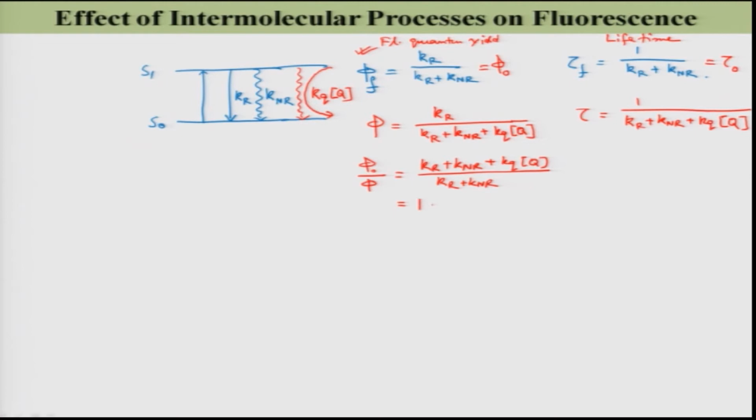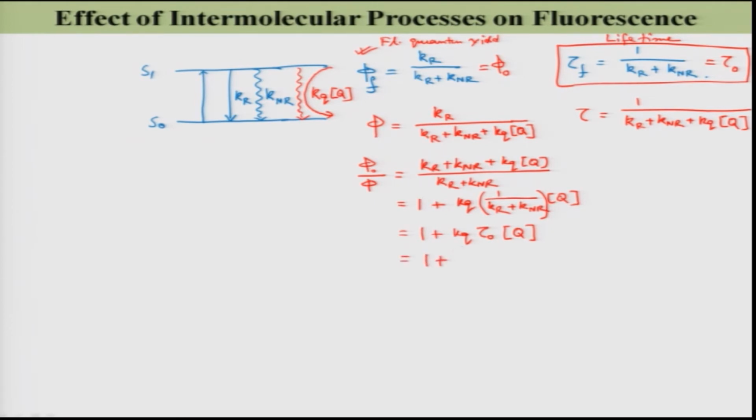So this is equal to 1 plus kQ into 1 by kR plus kNR, into Q. So this is equal to 1 plus kQ, and what is this? This is nothing but tau 0. You see here, tau 0 I have defined in this case. So it is 1 plus kQ tau 0 into Q, and this kQ into tau 0 is written as kD, or somebody also writes it as KSV, and this is called the Stern-Volmer quenching constant.